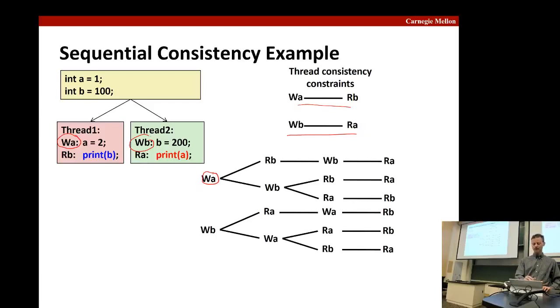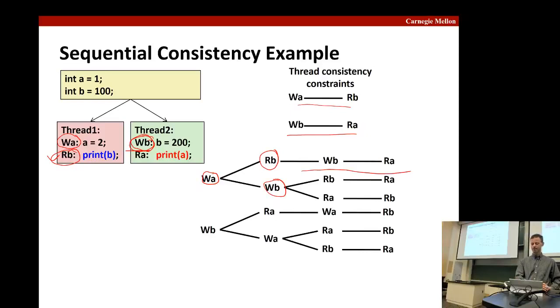Next, the write of B can go, and the read of B can go, but still not the read of A, because it's blocked by the write of B in this memory consistency model. Not in the real hardware, but in the model. So there's only 2 choices: the next thing to happen is either the read of B or the write of B. If it's the read of B, then you're basically done because thread 1 has done its 2 operations, and the only thing that can happen the rest of the way is thread 2 gets its 2 operations done.